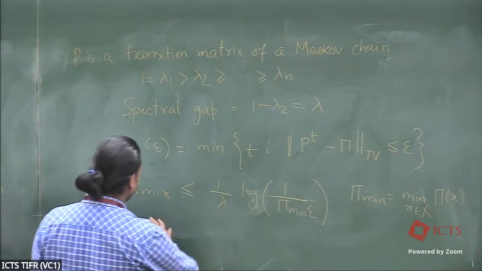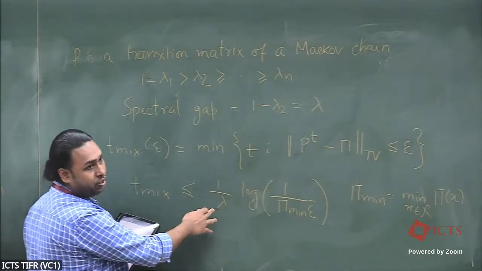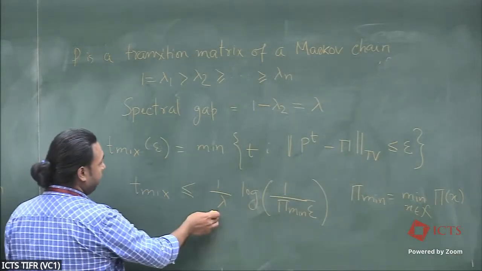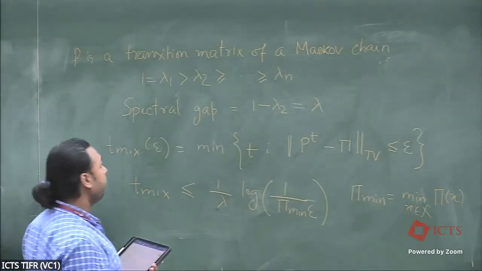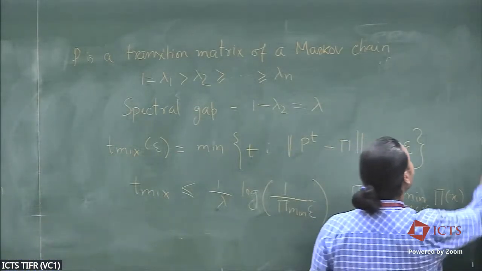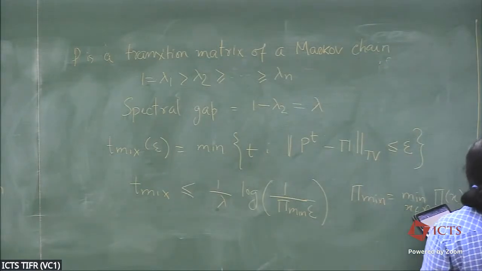Okay, so to understand the mixing time, we have to obtain a lower bound for the spectral gap. To obtain a lower bound for the spectral gap, we use the Cheeger inequality.